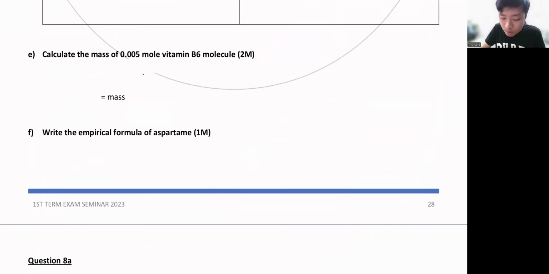Then do part F. Write the empirical formula for aspartame. So this now is C8H11NO3. Very simple. So can you divide anymore? Can you simplify anymore, 8 and 11? No, right? So if the molecular formula is this, the empirical formula is the same.